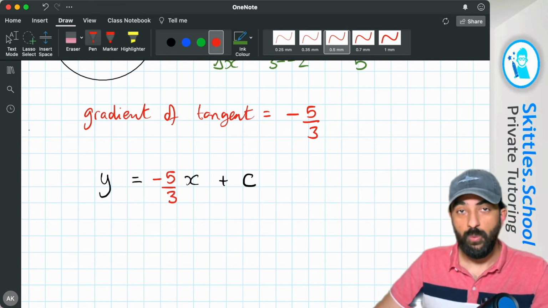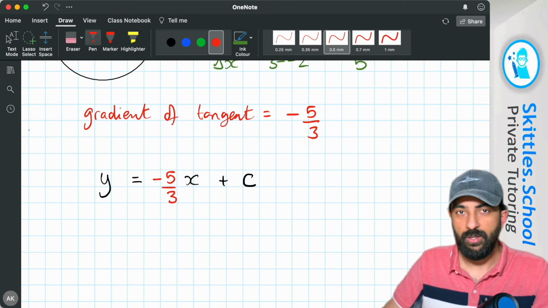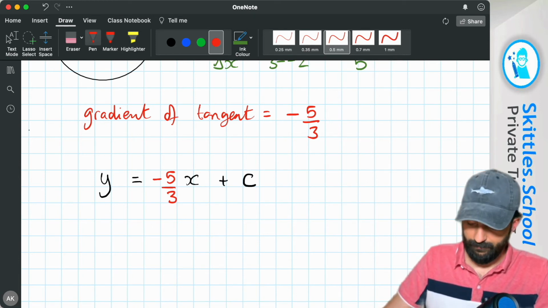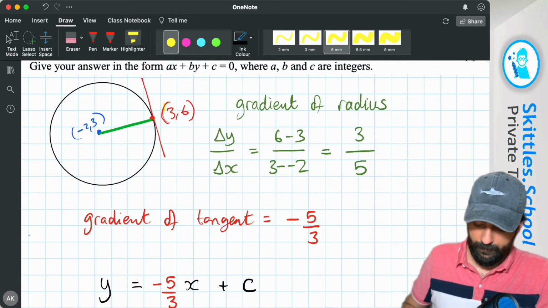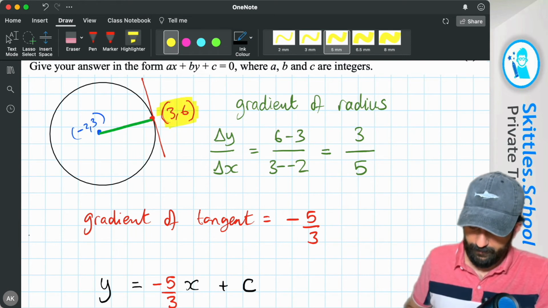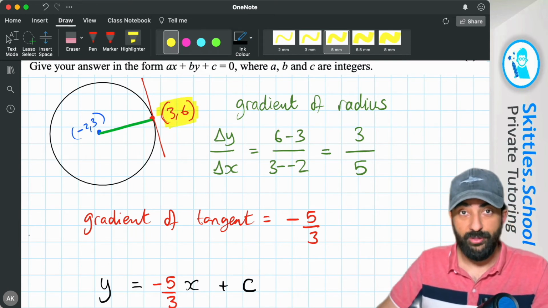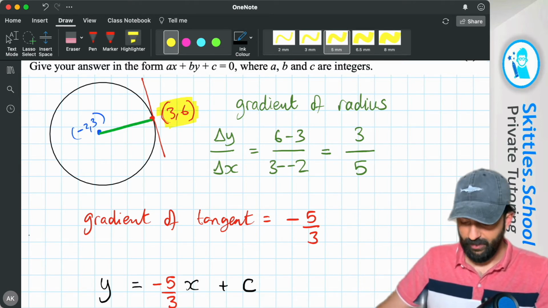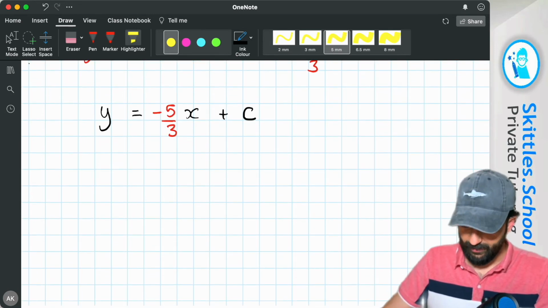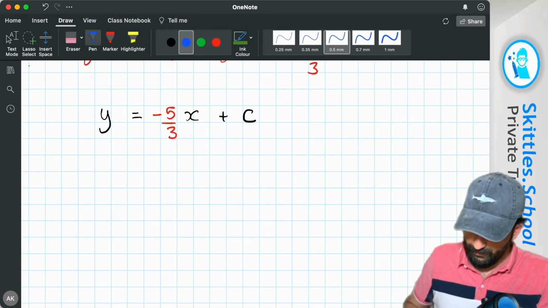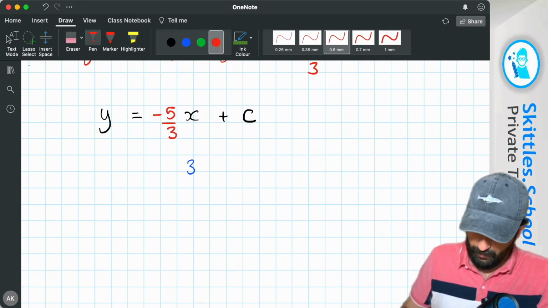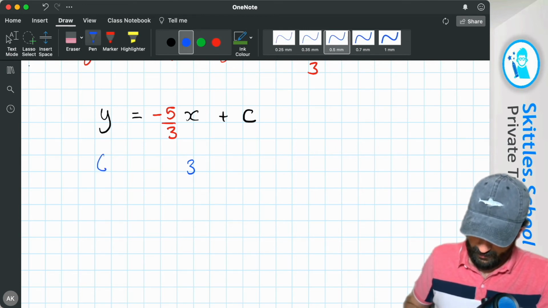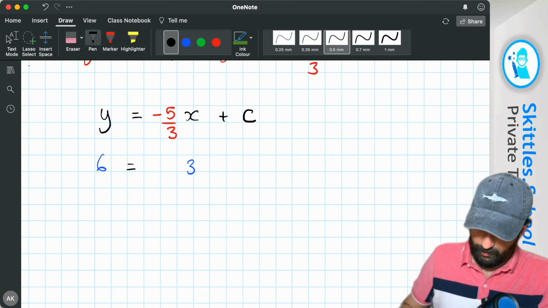Now we need to work out the c value, the y-intercept. We know that this point is on the line. It's on that tangent. So we can substitute that in for x and y to work out c. So x is 3, y is 6. We've still got everything else.